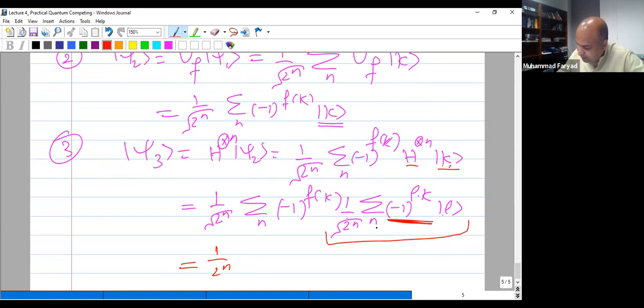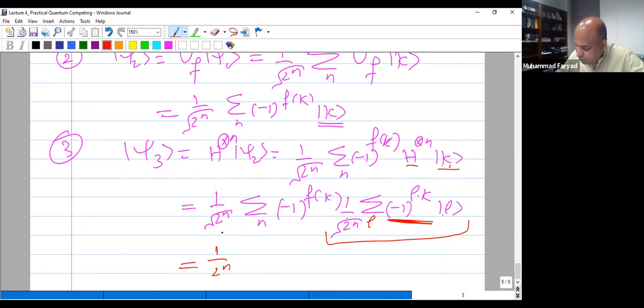Let me write, sorry, this sum is wrong. The sum is going to be over all l, because this is now the running index.